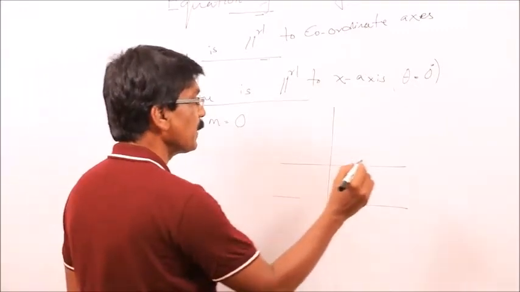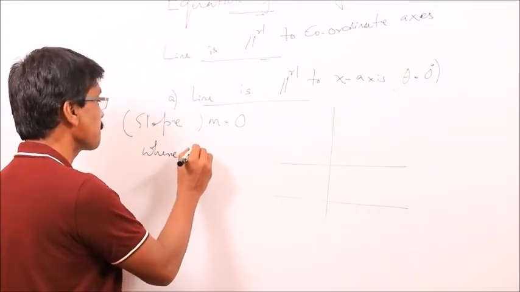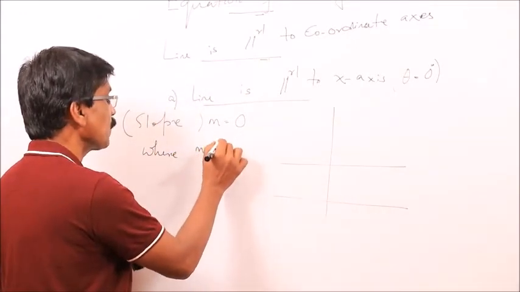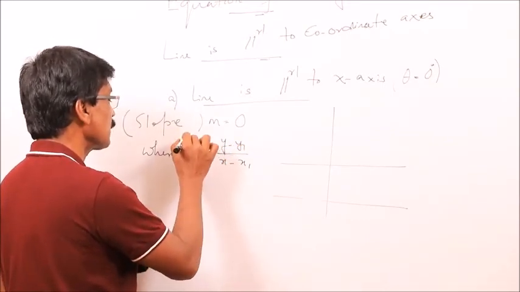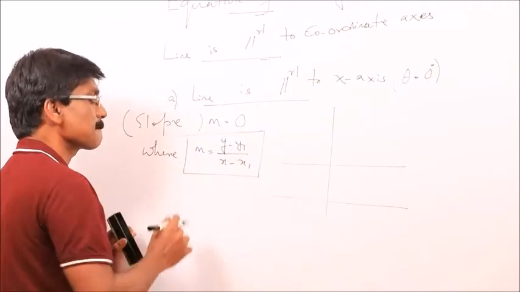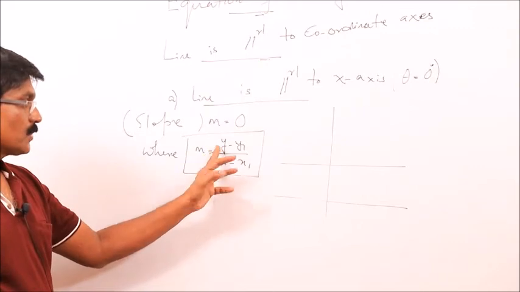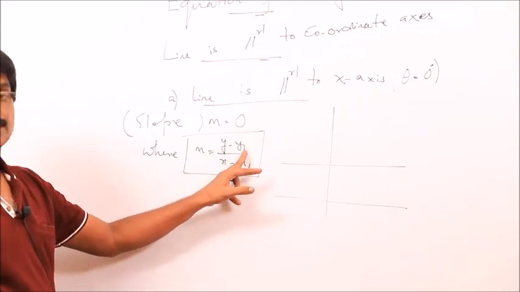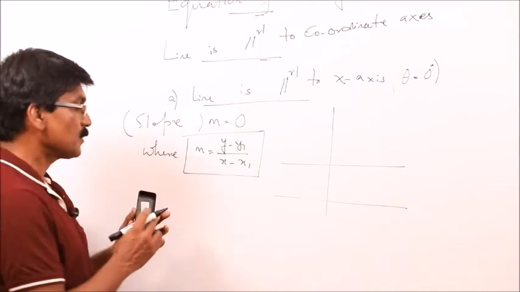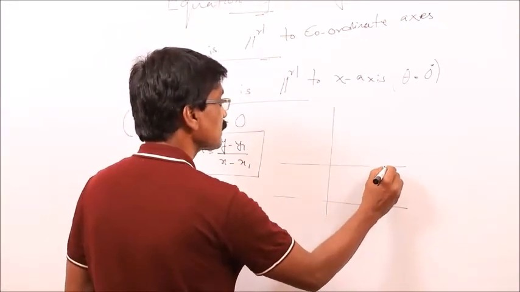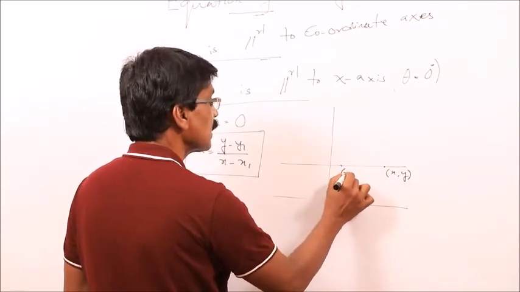The slope of a line is M equal to y minus y1 divided by x minus x1. Suppose xy is a moving point and a fixed point is x1 y1.